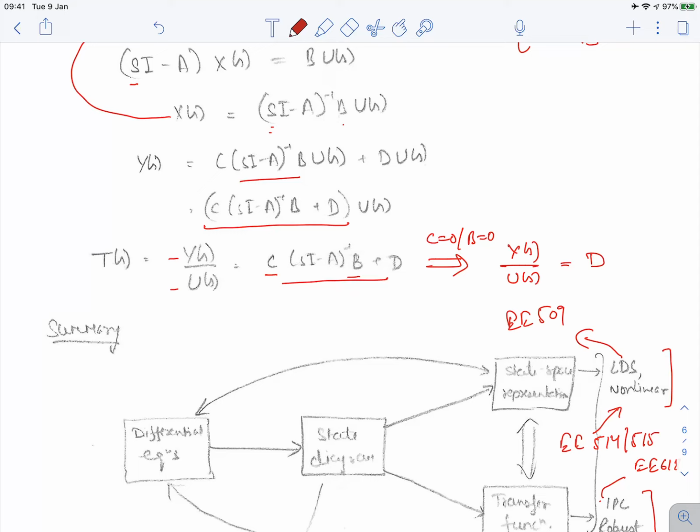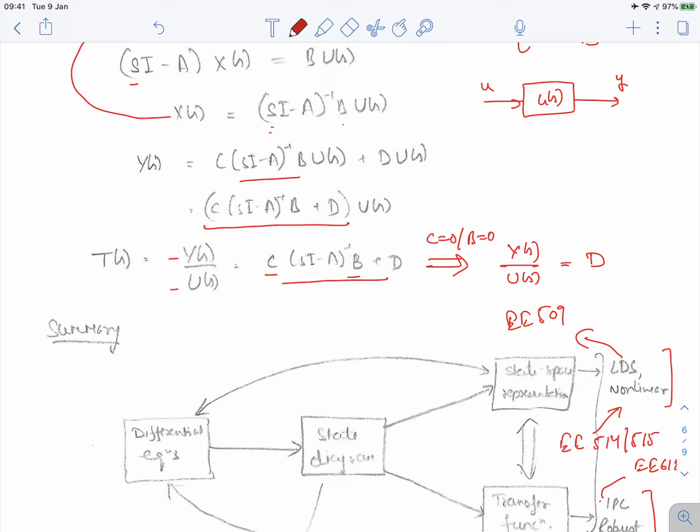So this D matrix basically gives you the feed forward term. Feed forward term in the sense that the signal U directly affects the output Y, because if you have any block diagram, let's say we have this U and Y and some transfer function G(s).